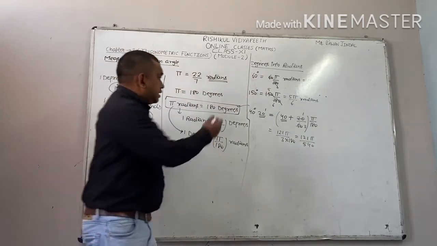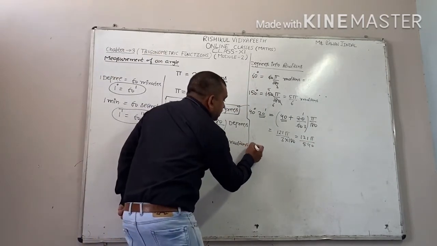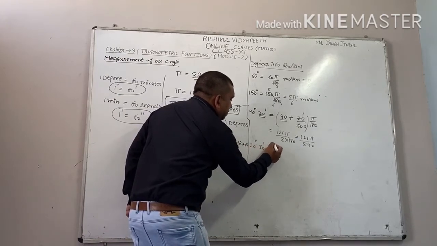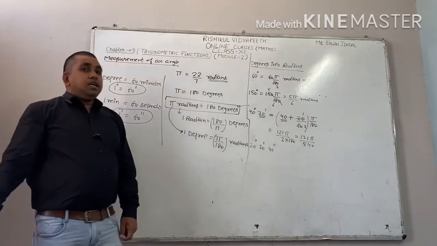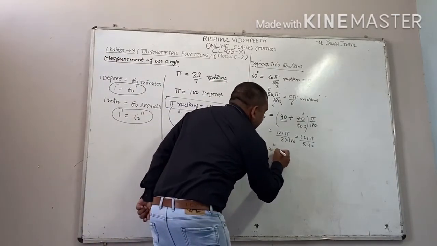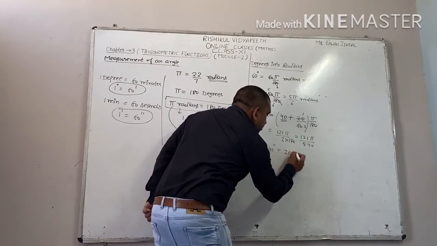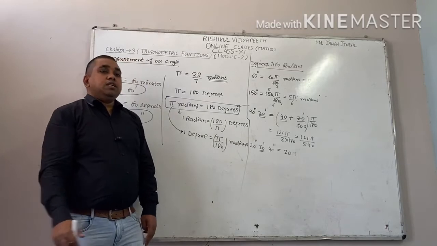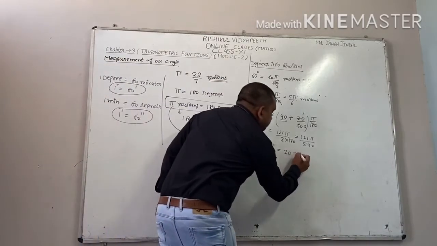Right? Next question, you can see 20 degrees, 30 minutes, 40 seconds. I want to convert this one. 20 degrees is already in degrees, no problem. Now first of all convert this 30 minutes into degrees. Divide by 60.